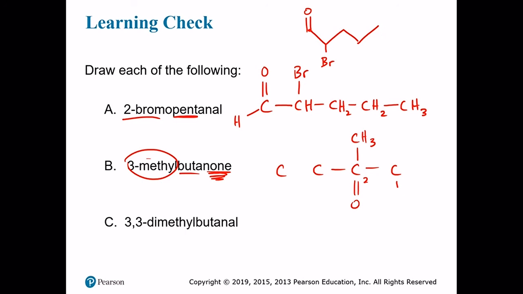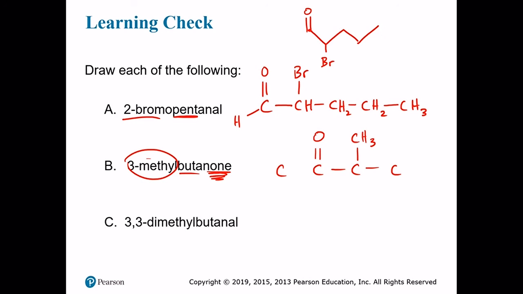So what we find is that 2-methylbutanone doesn't really exist because it implies that the ketone and the methyl are on the same carbon, which they can't be. But 3-methylbutanone means that the only place I can put this ketone group is here on this carbon. It's the only place that has space available for a carbonyl on an internal carbon.